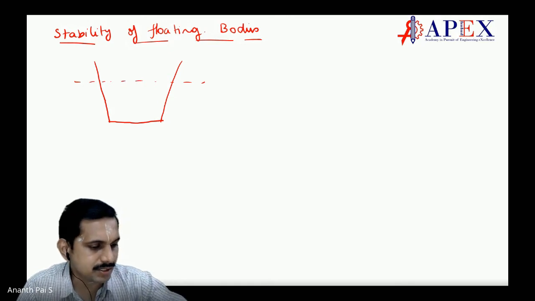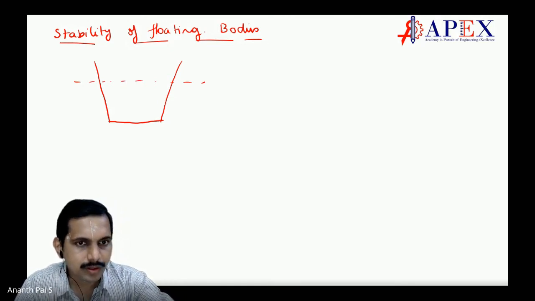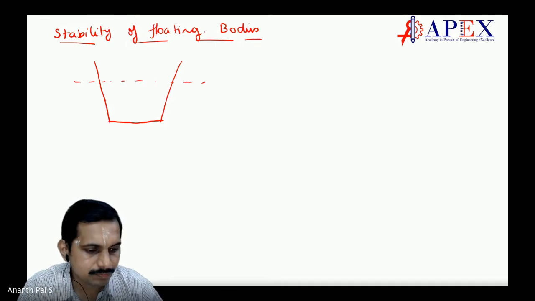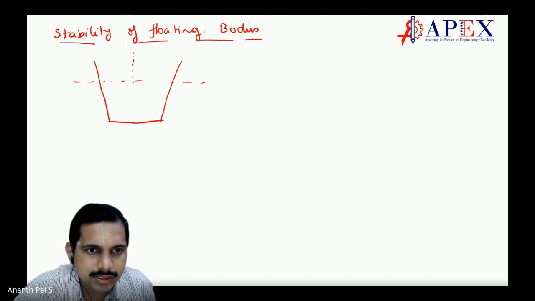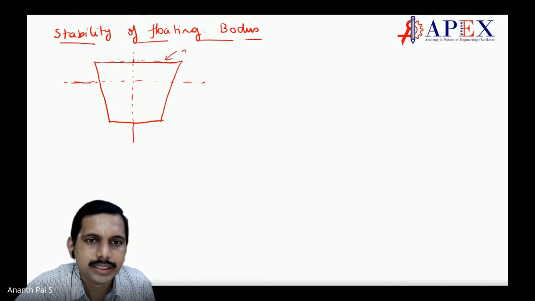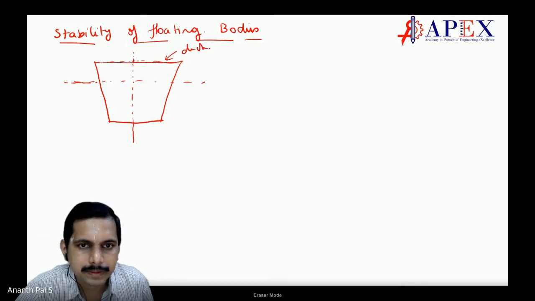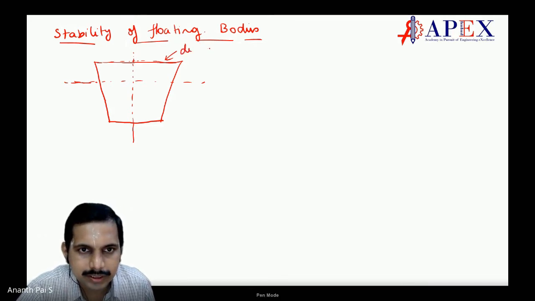What I'm going to do is tilt it. So now if I see this, this is the main axis, and this is the level till which water is there. This is the ship deck. It is called deck.